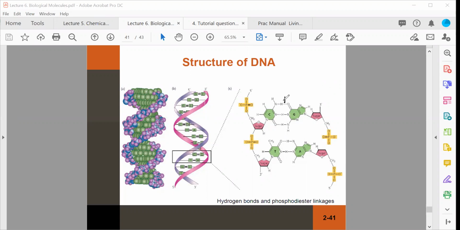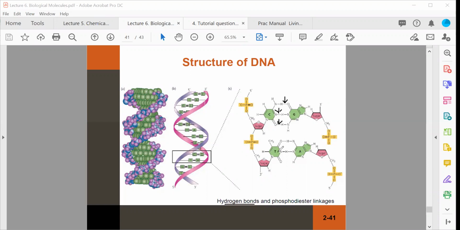Those dotted lines, that dotted line there and there. Here we have 3 bonds that always form between a cytosine on one strand and a guanine on the other strand. Always those 3 bonds, and they are called hydrogen bonds. We'll talk about them in a later lecture.